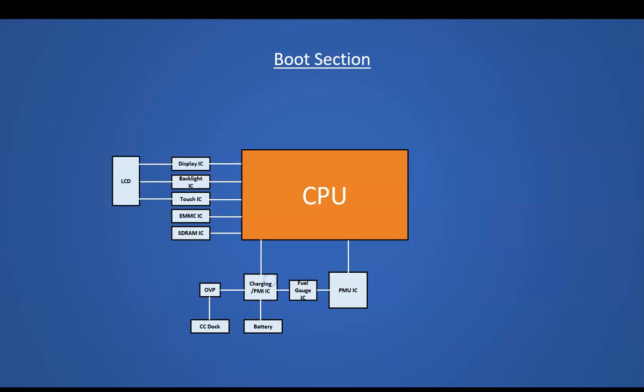These three ICs are connected to the LCD. If any one of the ICs has an issue, then we cannot see the display. So the display section consists of display, backlight and touch. These all come under the boot section.